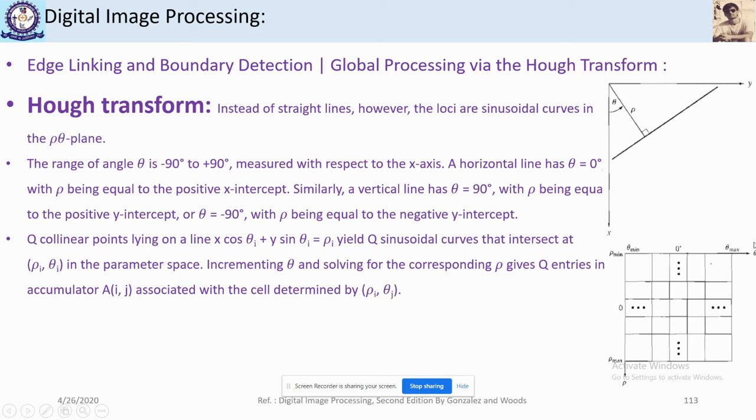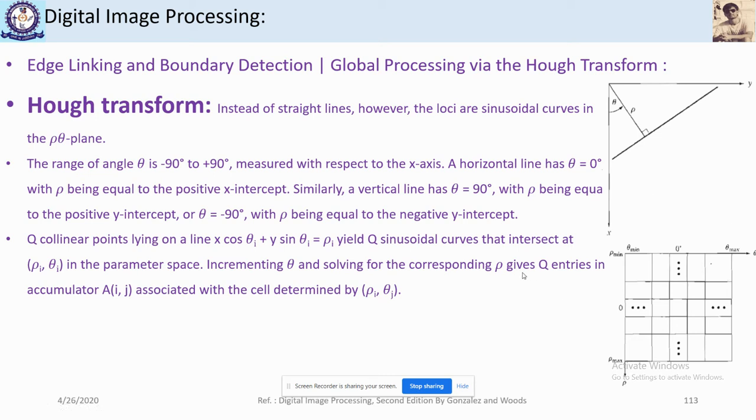For each allowable value of theta, we put it here and calculate the value of rho i, and whatever value of rho i we get, that cell will be incremented by 1. That way we calculate the value of the accumulator for each cell.